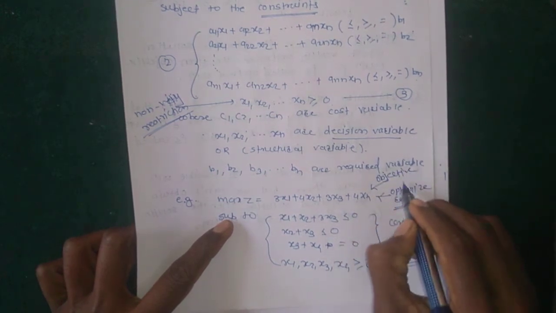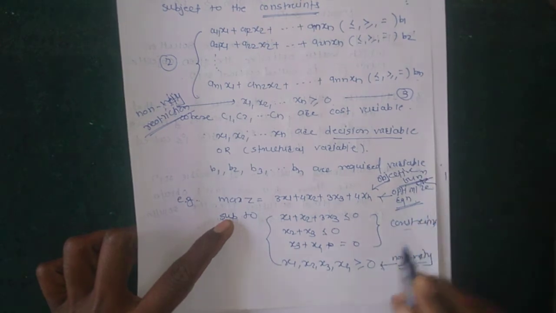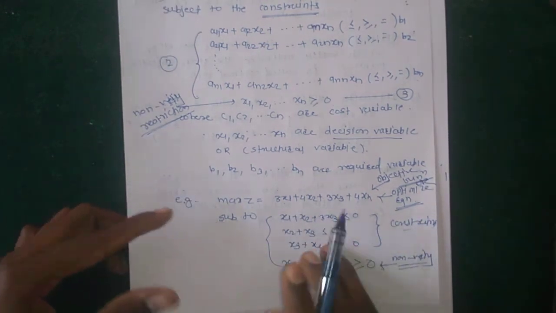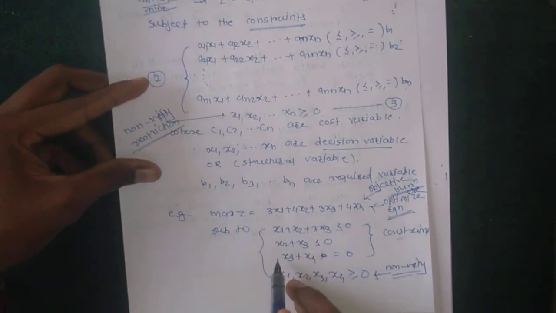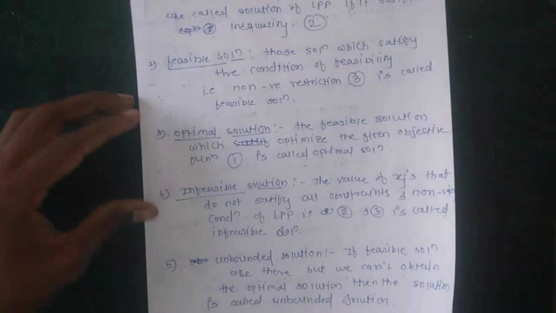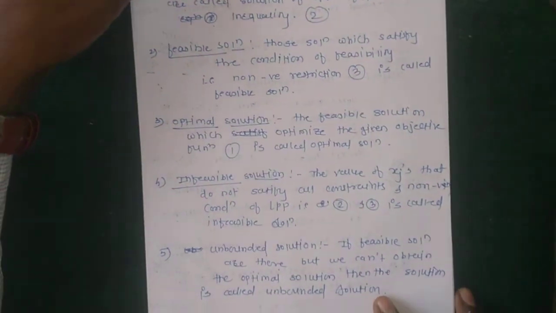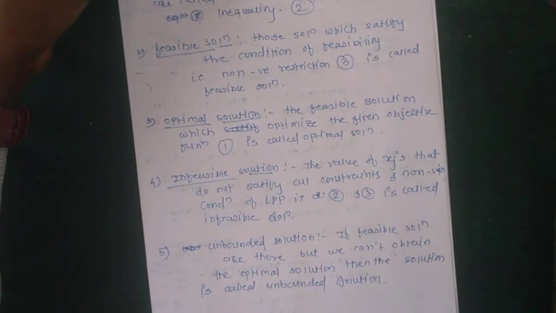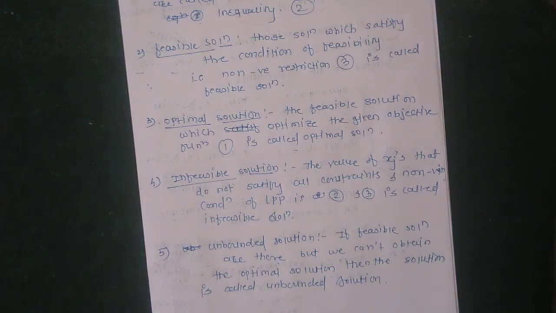Optimal solution means optimizing the given objective function, finding the value of maximum z or minimum z in equation 1. So if the given LPP has a feasible solution but no optimal solution, then this is called an unbounded solution. Then the next definition is basic solution.